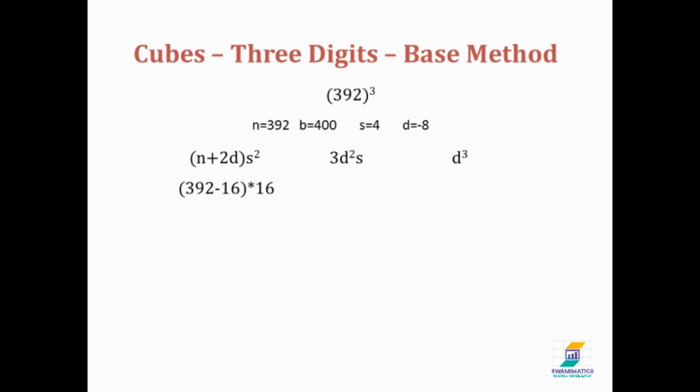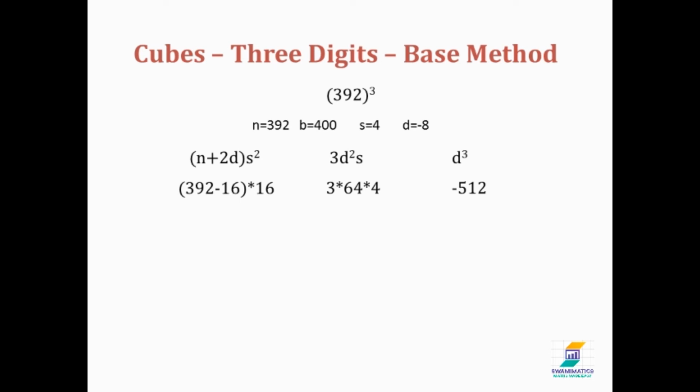Now 392 minus 16 because 2 into D, minus 8, so 2 into minus 8 is minus 16, multiplied by S square, 16. 3 into 64 into 4, D square into 4. Then D cube is minus 8 cube, which is minus 512.